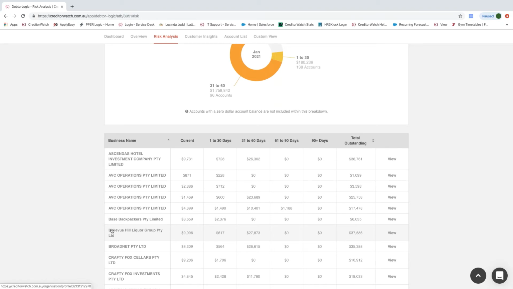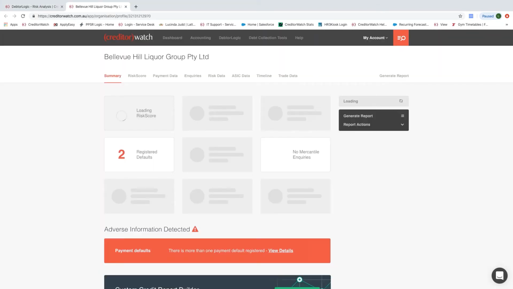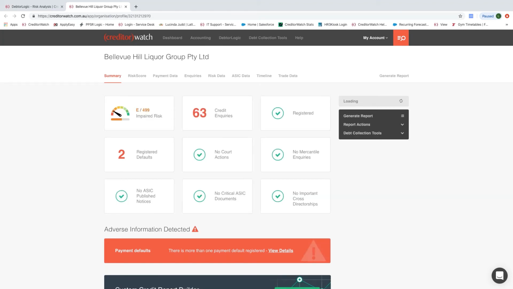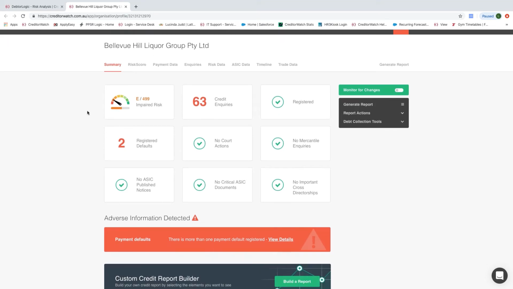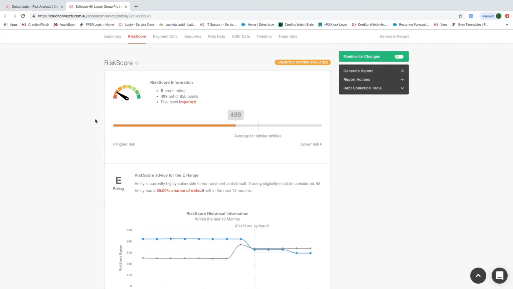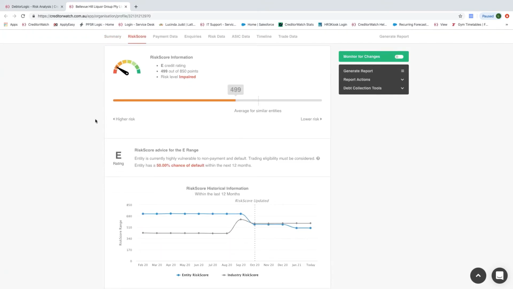In this case, as I said, clicking into one particular credit report here, we can just take a look at the information, look at those defaults, and look at some of the other information available. Straight away, we're seeing Bellevue Hill Liquor is impaired risk. We've recently updated our risk scores, so this information is much more predictive now, and we're showing a percentage or likelihood of failure or default within the next 12 months.